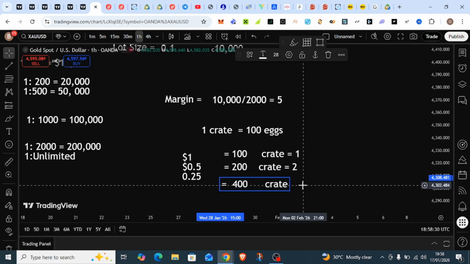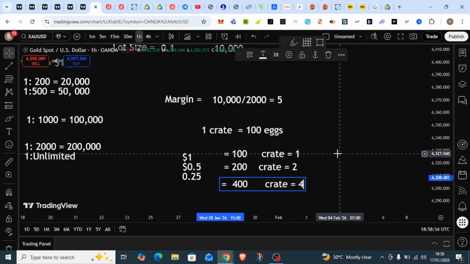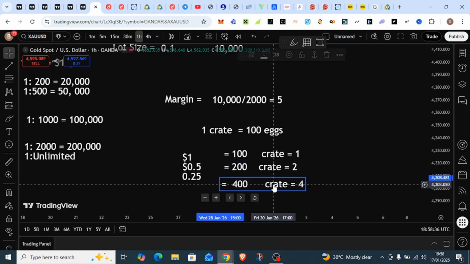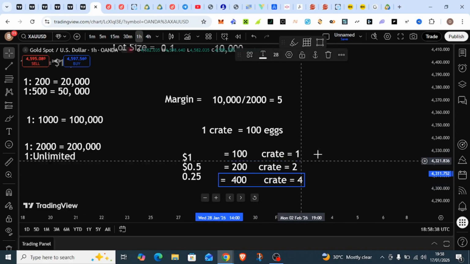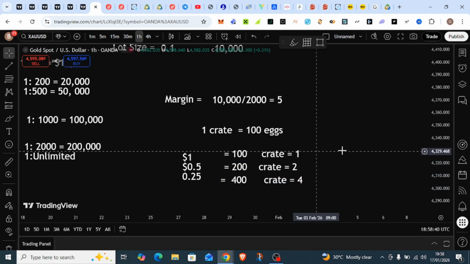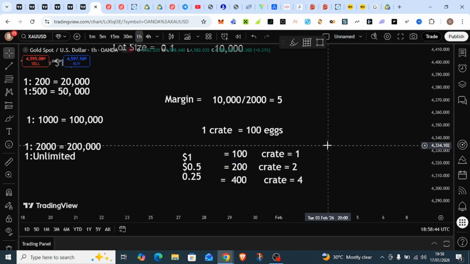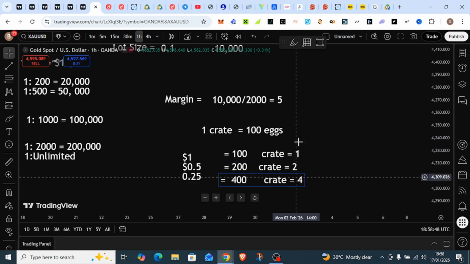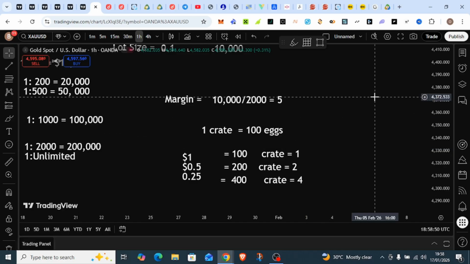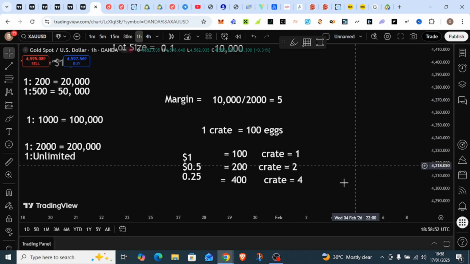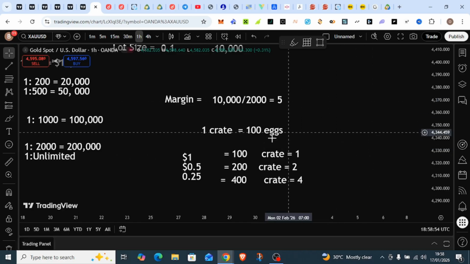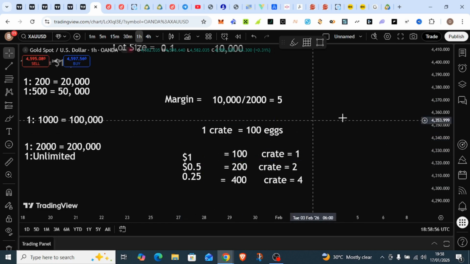The broker is giving a free crate for each 100 eggs the buyer buys. So the number of crates here represents the leverage, which is free. And for the buyer to get one crate, the buyer needs 100 eggs.